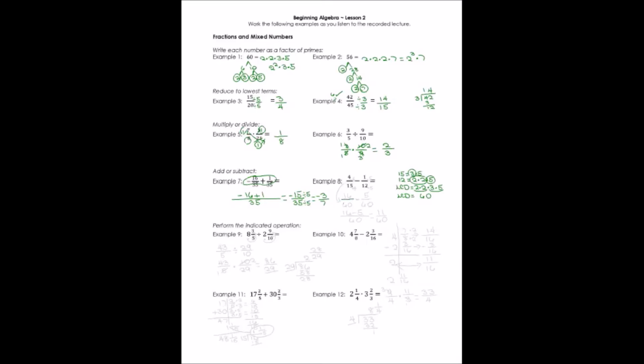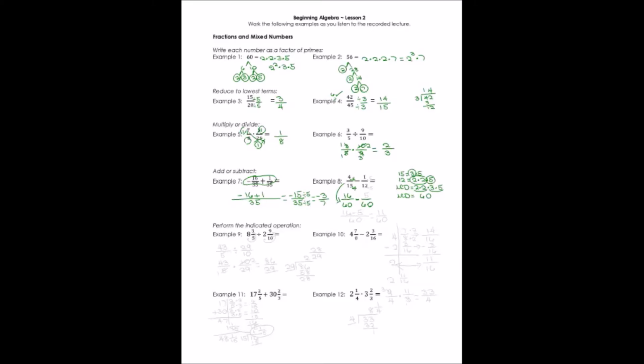I need to translate both fractions to something over 60s. Everything else stays the same. How do I get 15 to become 60? Well, I'll have to multiply that 15 times 4. So I multiply the numerator times 4. 4 times 4 gives me 16 over 60. That's how 4 over 15 becomes 16 over 60.